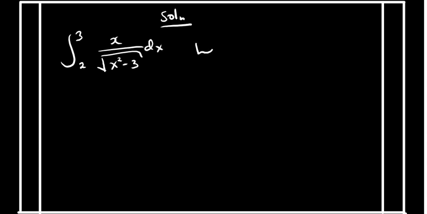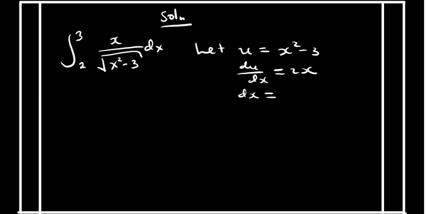So we are going to let u be x squared minus 3. That means du dx is equal to 2x. I make dx the subject, so dx becomes du out of 2x.